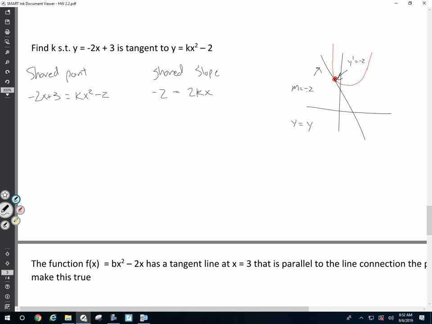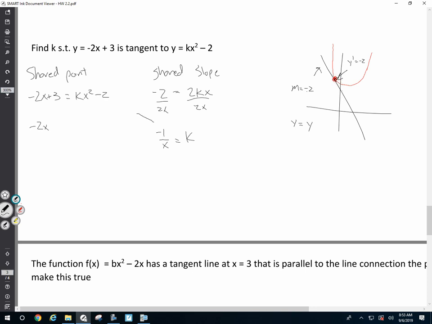I'm probably going to solve for k, so that when I substitute in for k, the x's will go away, and I don't have to substitute in two different locations. So I'm going to divide by 2x on both sides to get negative 1 over x is equal to k. I will take that, and I will plug it in to k.